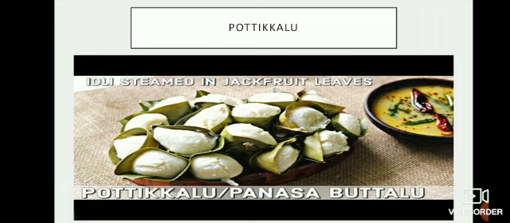These cups are steamed to get pottikalu. They can be taken with any chutney like that of idli, and these are very healthy and delicious with jackfruit flavor. So this is about pottikalu.